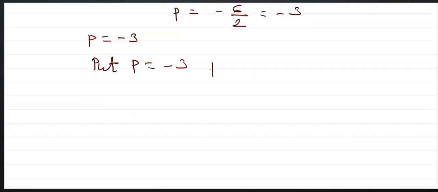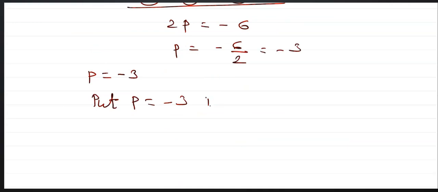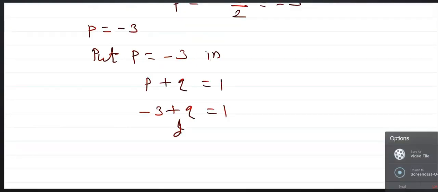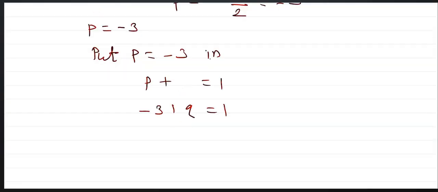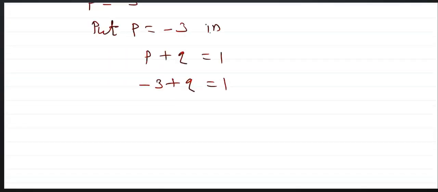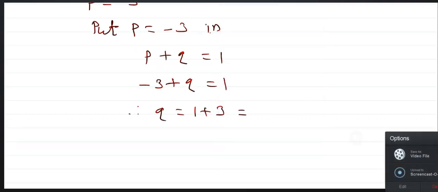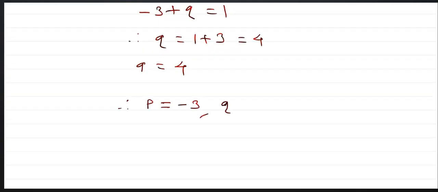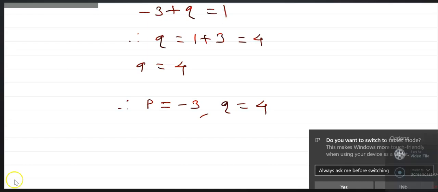Put p equal to minus 3 in p plus q equal to 1: minus 3 plus q is equal to 1. Therefore q is equal to 1 plus 3, that is equal to 4. So p is equal to minus 3 and q is equal to 4.